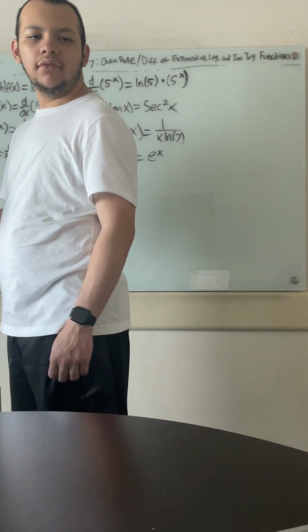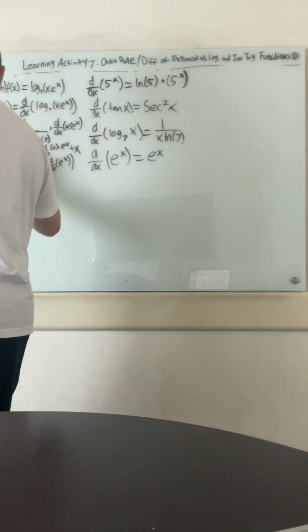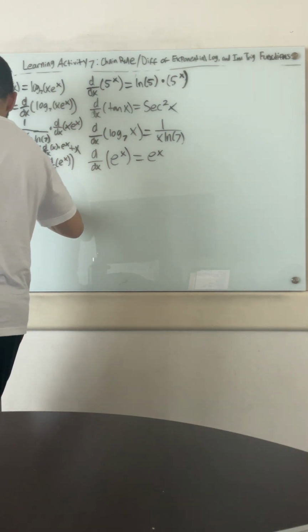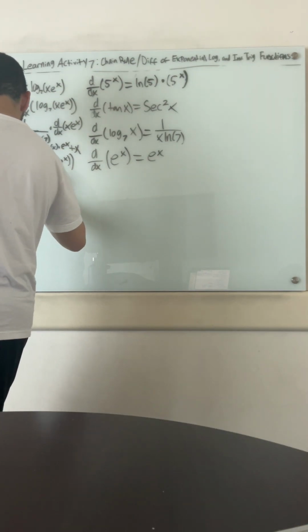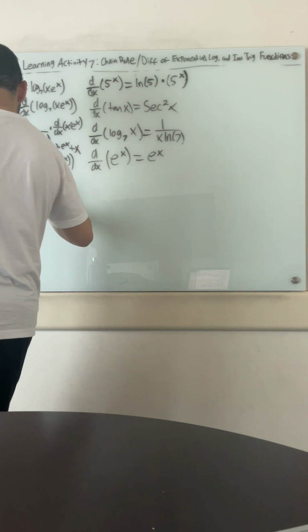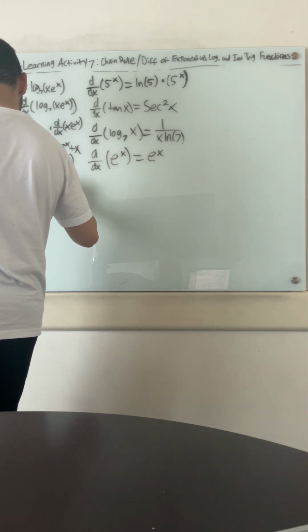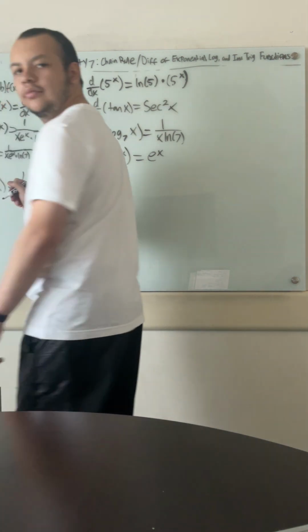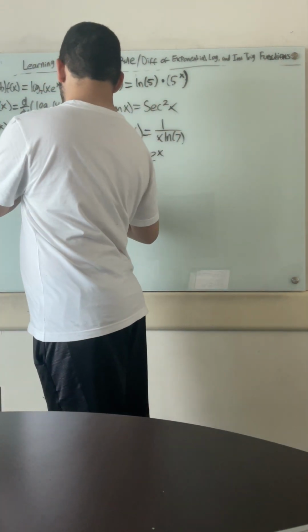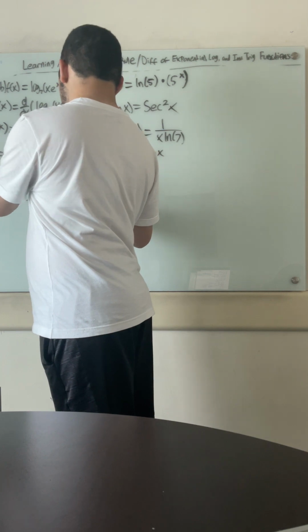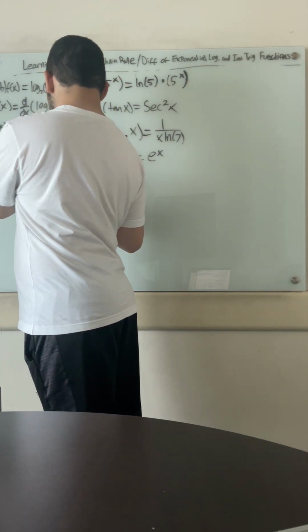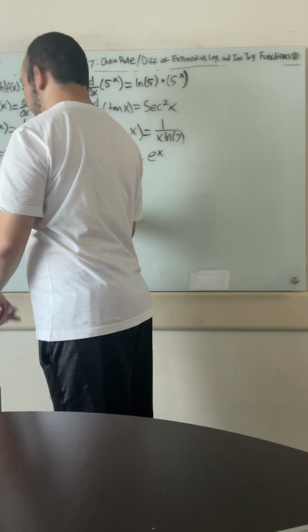All right, so here we have, once again, 1 over x e to the x times ln of 7, and the derivative of x is just going to be 1. So 1 times e to the x is just going to be e to the x.